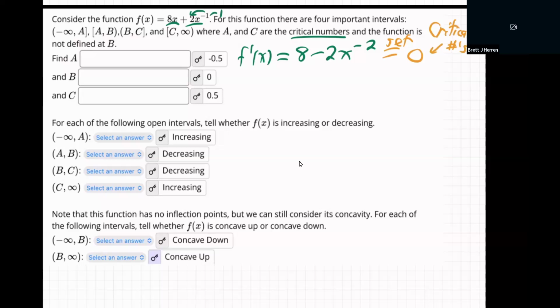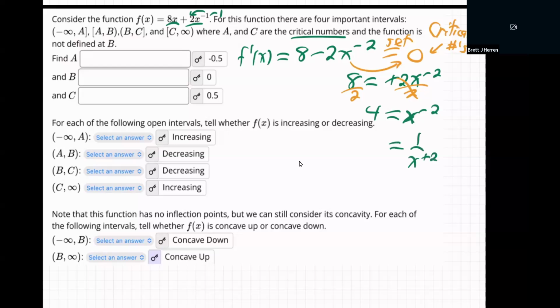So now how do we solve this? Well, I'm going to bump this to the other side. So we'll get 8 is positive 2x to the minus 2. And I'm going to divide by 2. 4 is x to the minus 2, and that means 1 over x to the positive 2.